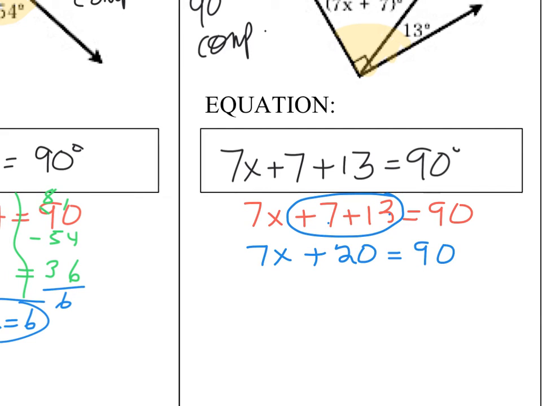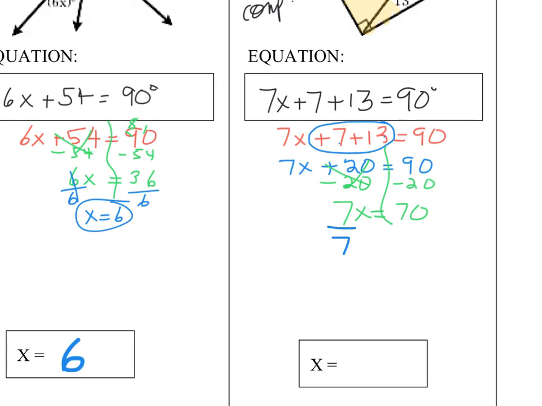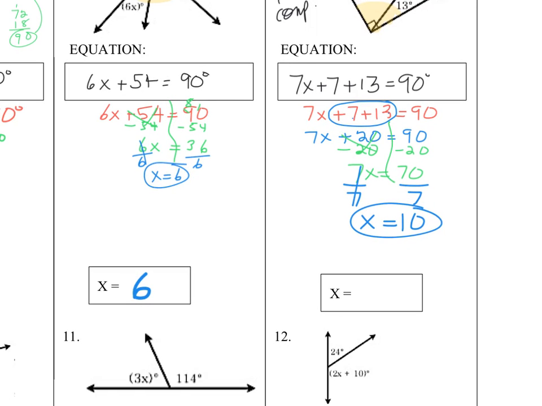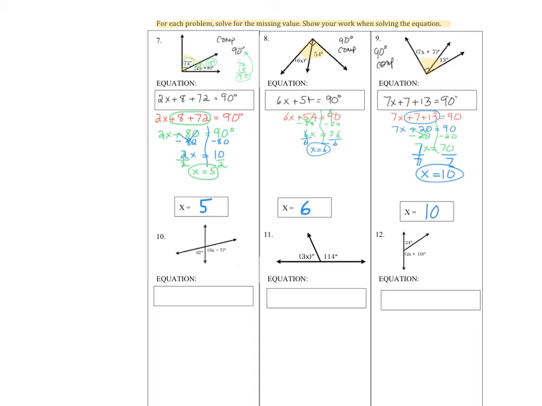And then we subtract 20 on both sides. And divide by 7, divide by 7. X equals 10. Look how easy that is so far.